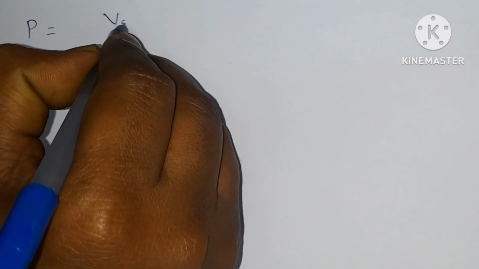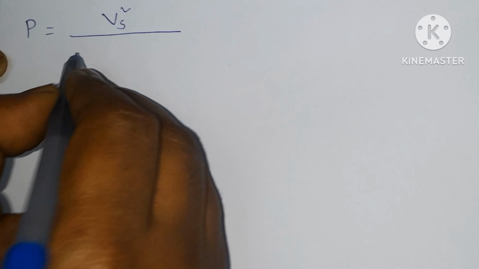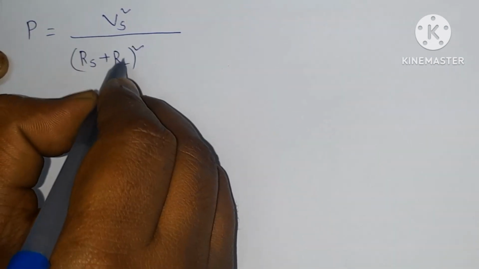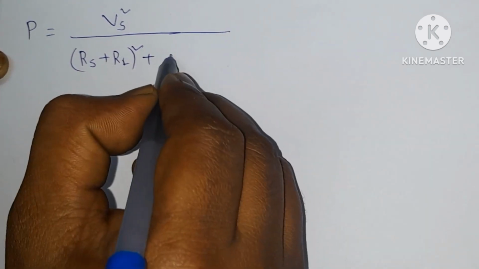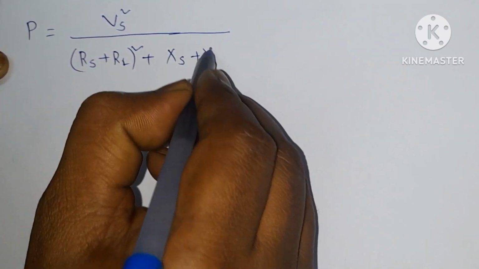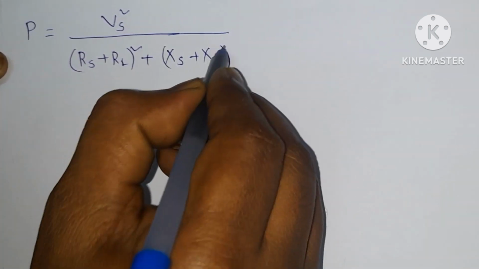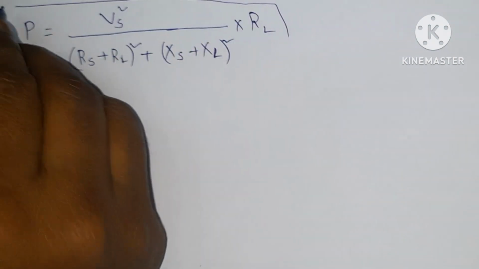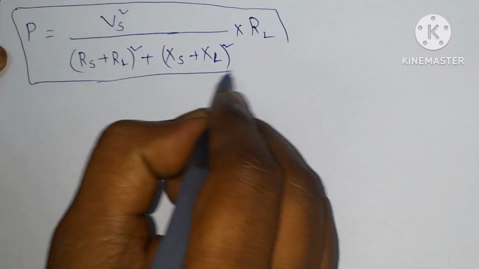Finally you will get the power P equal to Vs square by ((RS plus RL) whole square plus (XS plus XL) whole square) into RL.